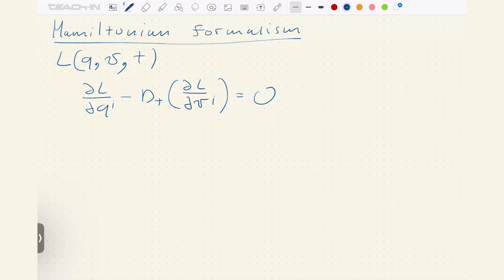Of course, the way it is written now is just an algebraic equation on jet space. To really make it into differential equations, we need to evaluate it on a section. We need to apply gamma prolonged star to it, right?